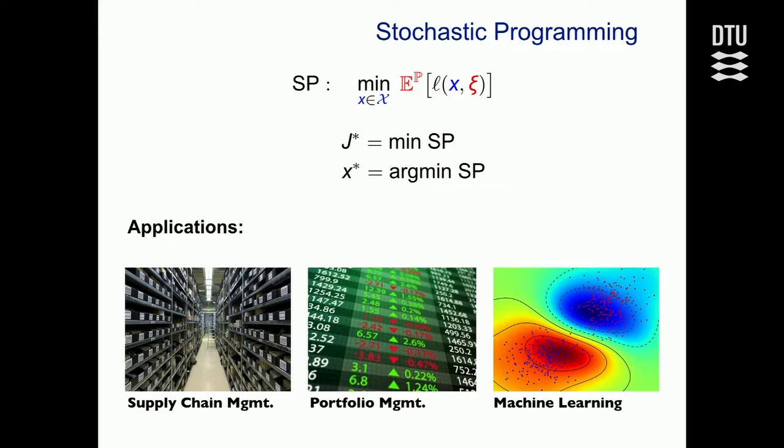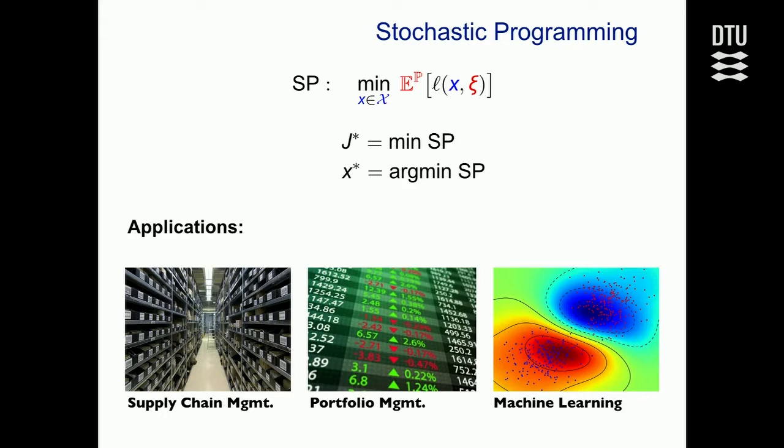And the expectation is, of course, taken with respect to the distribution P of xi. Okay? So that's a one-stage stochastic program. It's the simplest stochastic program you can think of. And for later reference, I'm going to refer to J star as the optimal value, so the minimum of that problem. And I'm going to denote by X star an optimal solution. For simplicity, let's assume that this is unique.